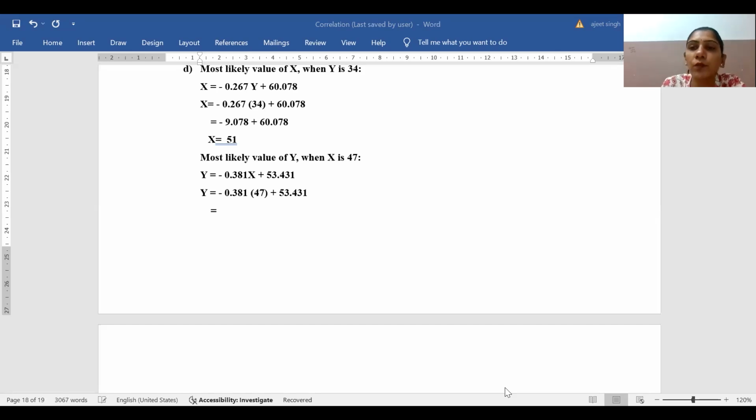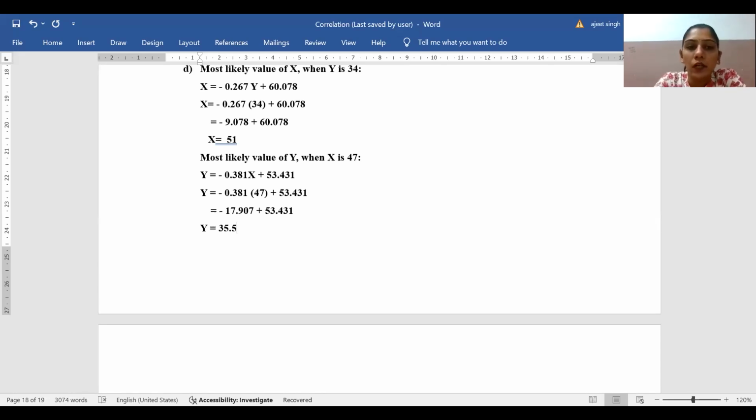So this is 17.907, minus 17.907, and then we will add 53.431. So the value of y is around, we minus 17 from 53, this is around 35.5.